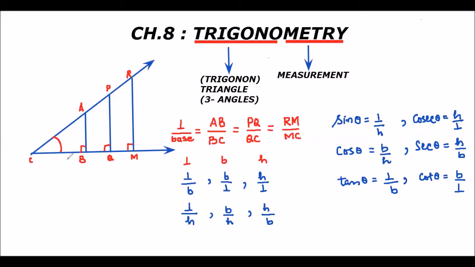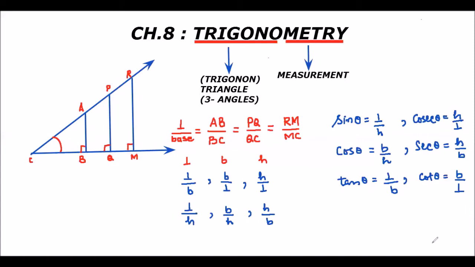And if you take theta equal to 45 degrees, then the measurements of the sides will be different, and therefore the ratio will have a different value. So this theta is the mandatory part where we put the value of the angle.